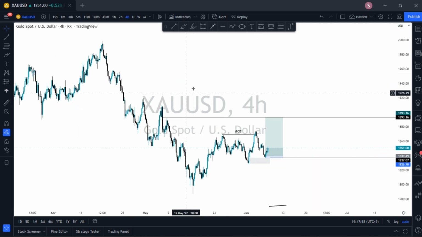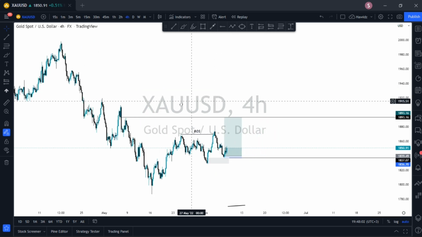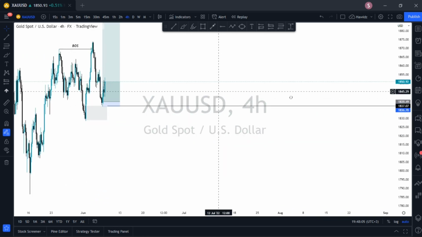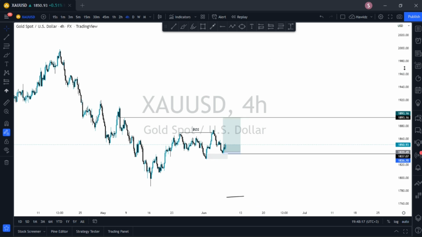So what is WYCKOFF? WYCKOFF is simply a concept that was invented by this guy called Richard Wyckoff. Now, this guy was a stock trader, and being a stock trader way back then was a little bit difficult.